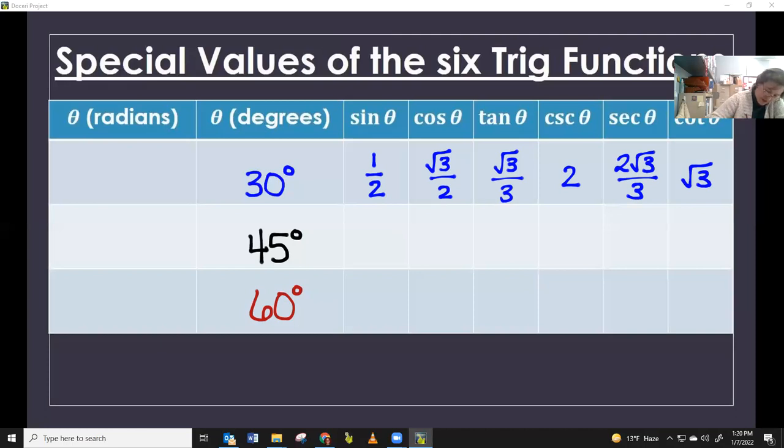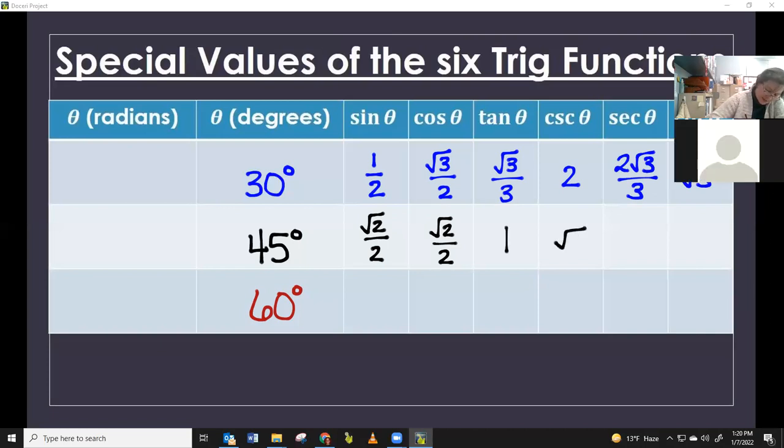For our 45s, I've got square root of 2 over 2 for both sine and cosine. Tangent is 1. Cosecant and secant are both square root of 2, and cotangent is 1.